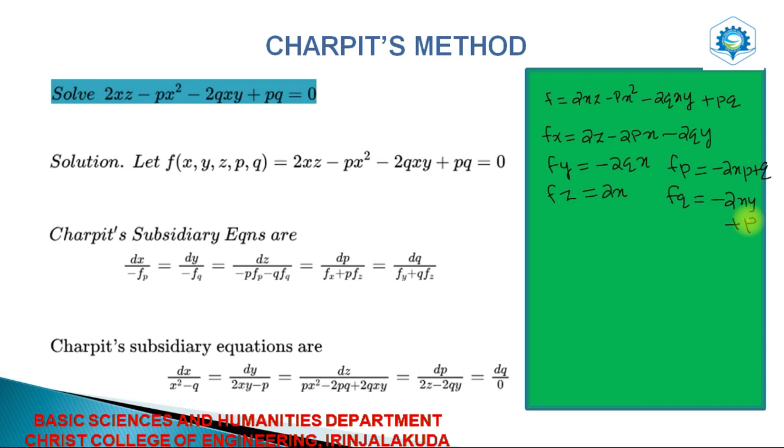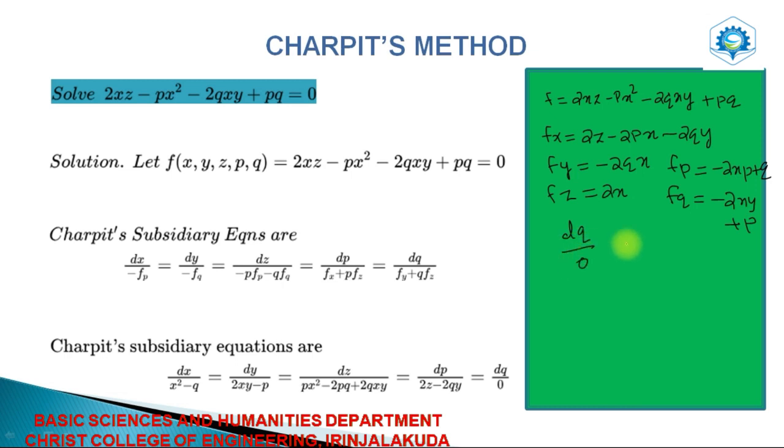Now, a very important information. If you have any numerator corresponding to dp or dq equal to 0, if dq by 0 or dp by 0 is in your equation, that means you can easily find the value of q. Now consider this one. We have dq by 0 here.